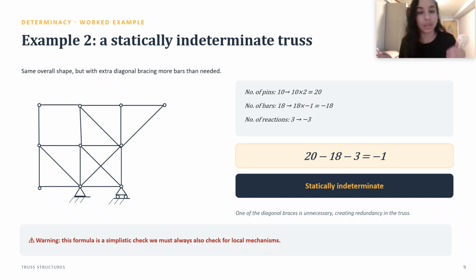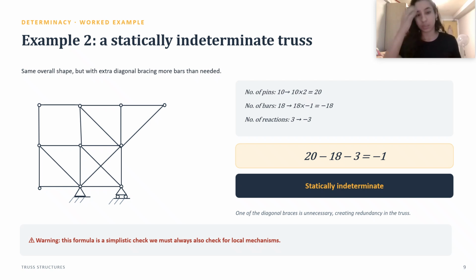Then you take away from the degrees of freedom of the pins the degrees of freedom of the bars, and the reactions. The bars, we have 18 bars. Then if we multiply that by -1, because for each bar you take away 1 degree of freedom, you end up with -18. So you will get 20 minus 18.